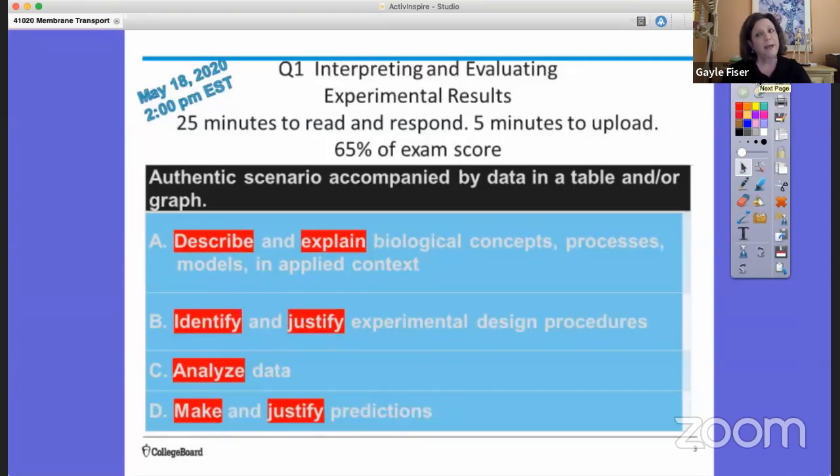But when it's explain, it's going to be the how or why. Identify, keep it short, just say whatever it is they're asking. When it comes to justifying, you may be justifying a claim you're making, or a claim that a researcher is making. And then analyzing data, they're going to give you a table or a graph, and then the D, make and justify, we just talked about.